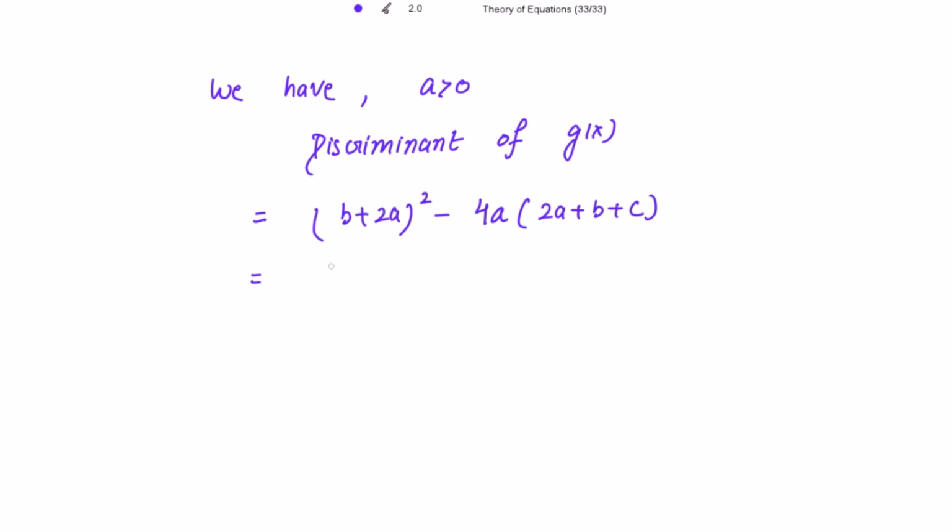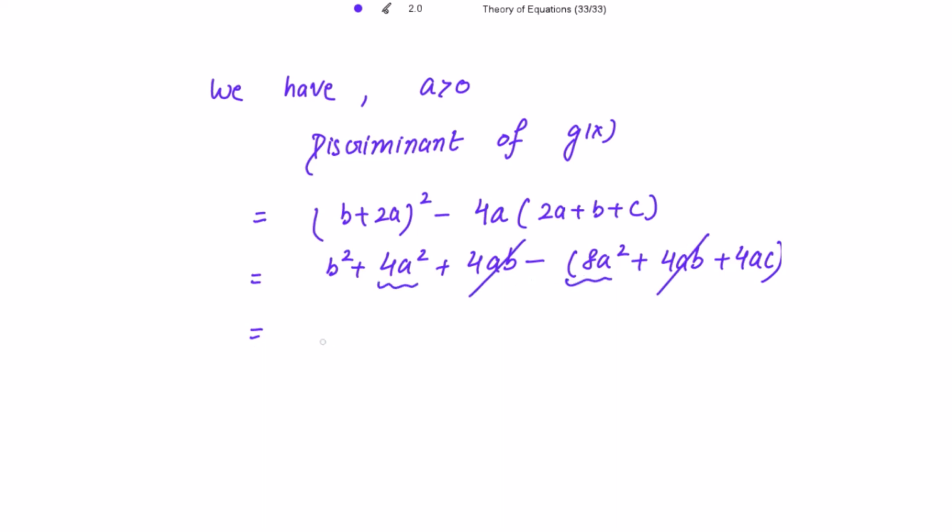So this is equal to, just opening the bracket, b square plus 4a square plus 4ab minus (8a square plus 4ab plus 4ac), right? So that is equal to, this 4ab cancelled out with this 4ab, and this 4a square minus 8a square becomes negative of 4a square. So it is b square minus 4a square and minus of 4ac, right? So this is equal to b square minus 4ac minus 4a square, collecting these two.